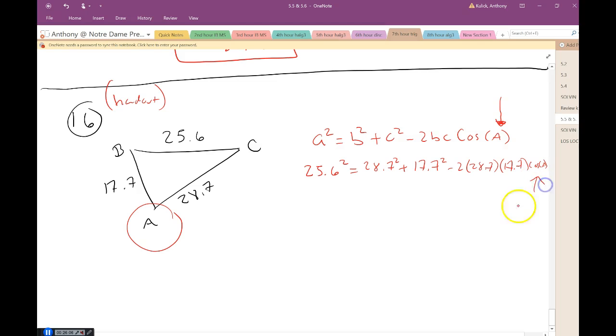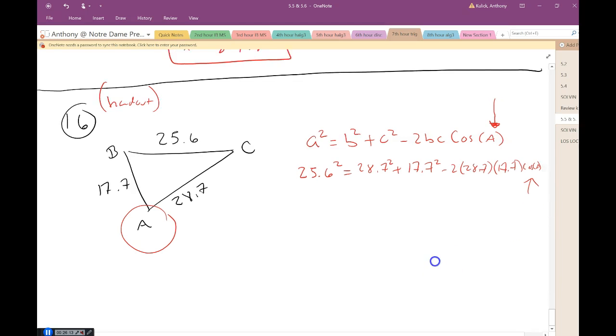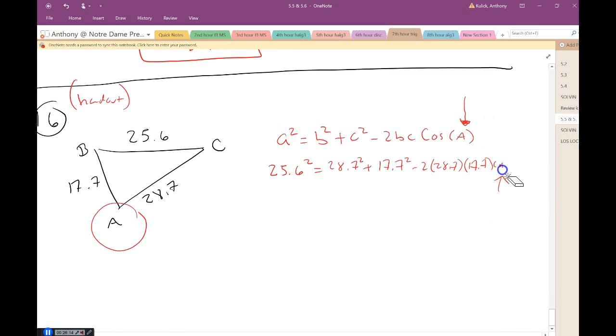That says cosine A. I guess I could have just scrolled over. So my goal then is to get this part by itself. Everybody good with that?